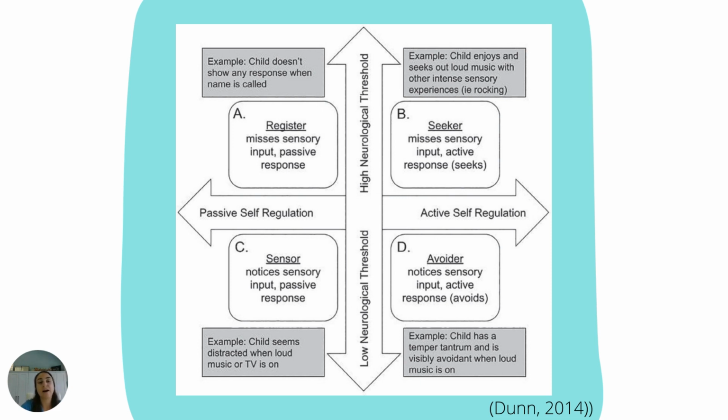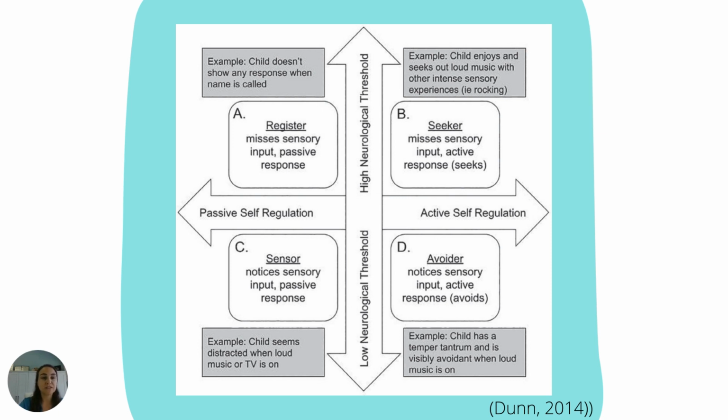If you have a high neurological threshold, it means that you need a lot of sensory input before your brain registers it or before you can make sense of the sensory input that you're getting in. So on our high threshold, we get our subtype A, which is the register. And those types of kids miss a sensory input and have a passive response to it.